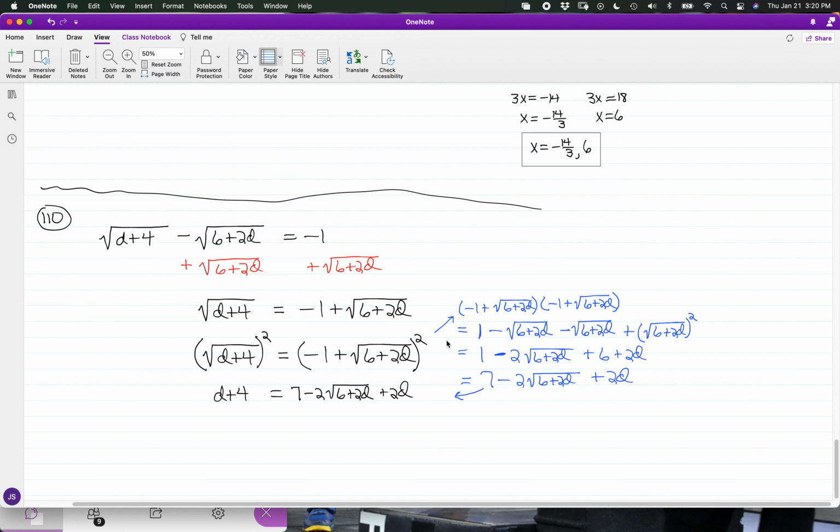Okay, so for what we're going to have in the setup, now if you notice, we have that radical remnant left over, and what I'm going to do here is isolate this term. And first of all, I'm just going to move the 7 and the 2D over.